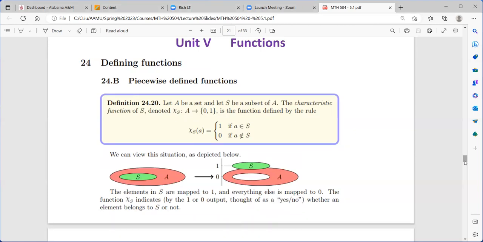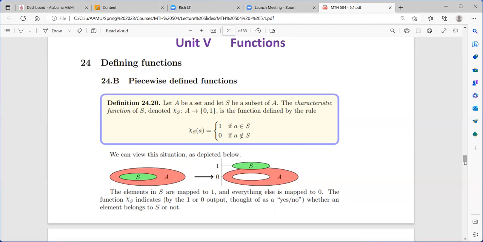Because we partition the domain into different parts, we can distinguish those parts by the so-called characteristic function.